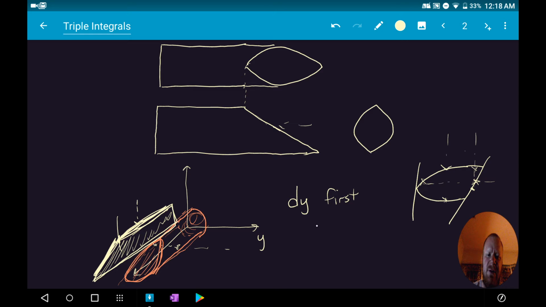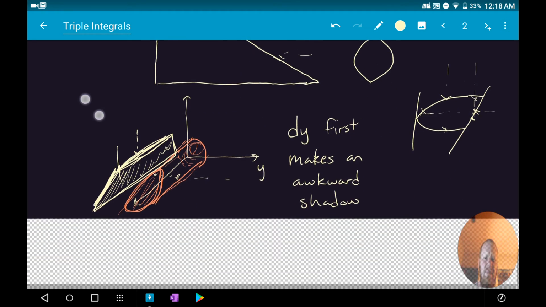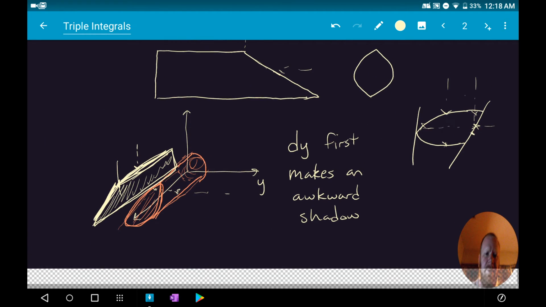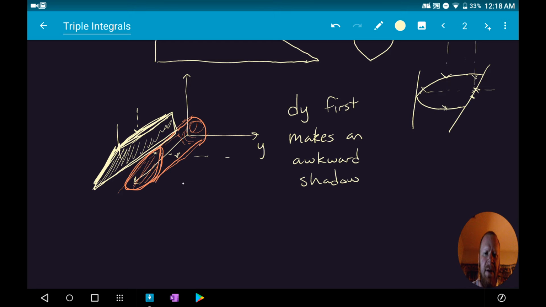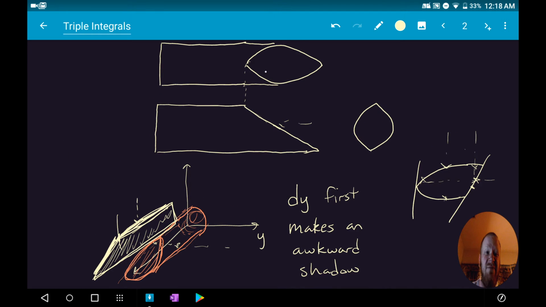So dy first, we'll say this makes an awkward shadow. So that's one of the things that you want to consider. I think the best one, dz first is also going to make this as a shadow.